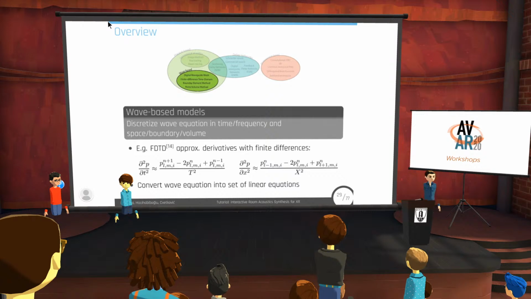One example of the latter is the so-called finite difference time domain, where the first step is essentially to replace the time derivative that we saw earlier with finite differences. This converts the wave equation to a set of linear equations that can be more or less easily solved.